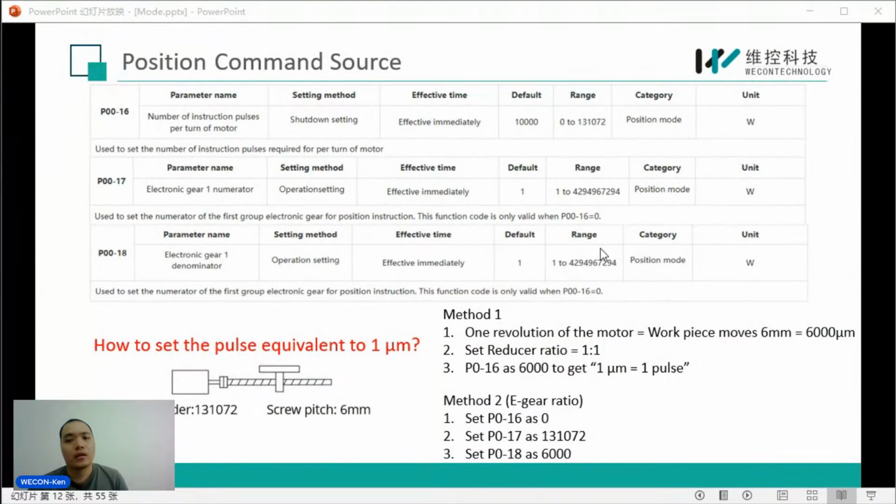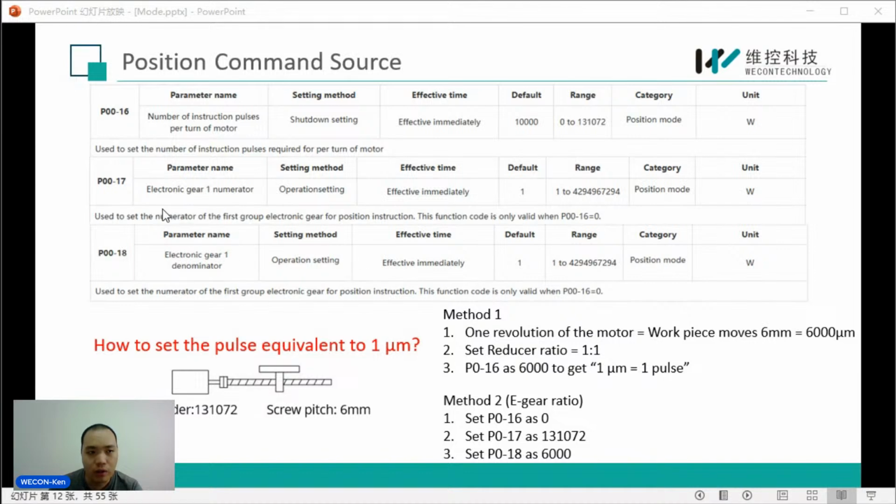This part introduces the relationship between motor position and pulse. P0-16 means how many pulses sent will make the motor rotate one circle. The default value is 10,000, meaning 10,000 pulses per circle. And for these two parameters, you should set them together.